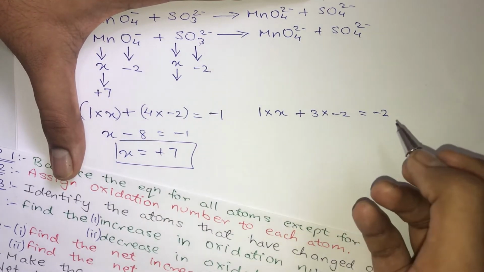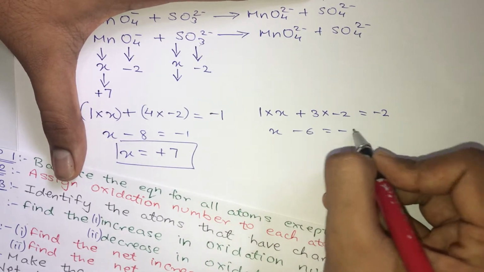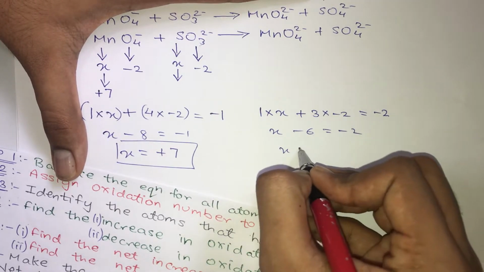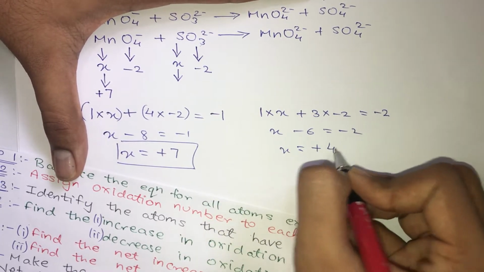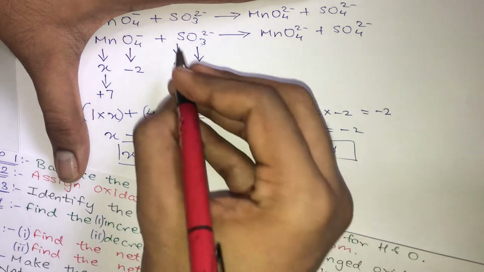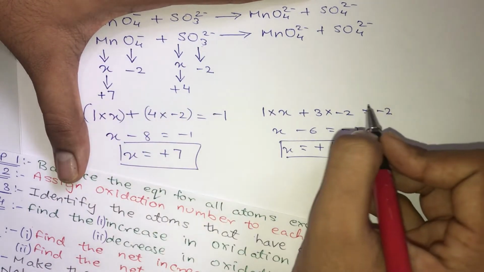Okay, now let's solve it. X - 6 should be equal to -2. So from this you get the value of X as +4. So can I say that this X is nothing but the oxidation number of sulfur, which is +4.